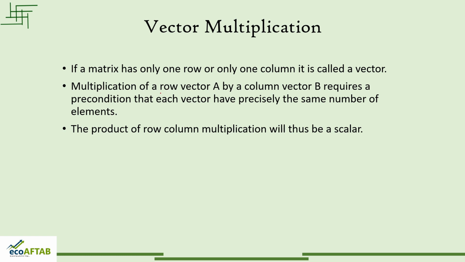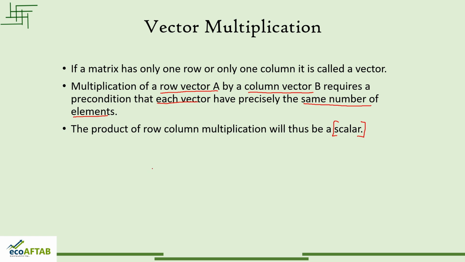When you multiply it, you are going to get only one value. You are not going to get rows or columns, you are going to get a scalar value.